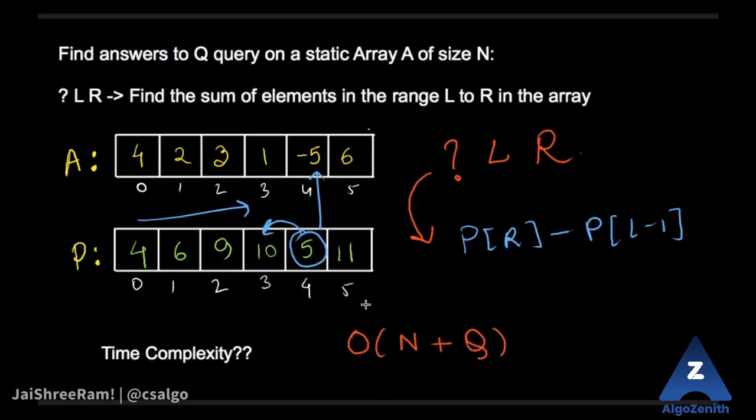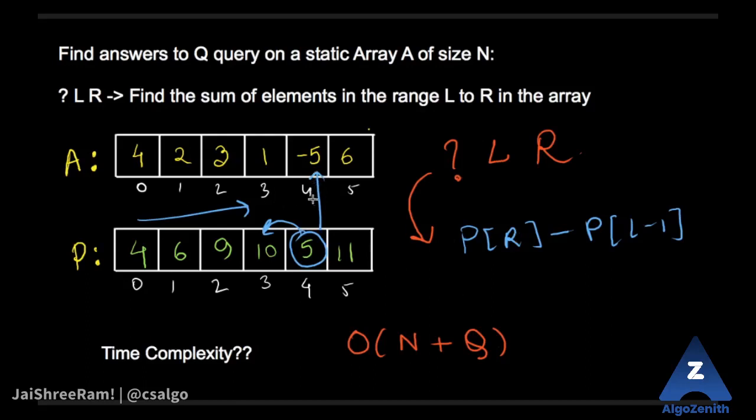A lot of problems actually reduce to using prefix sums in some variant. This is a very useful technique, and whenever you need to find some range sum or range properties in some static array, the one thing that should strike your mind is that it might be possible using a prefix sum.